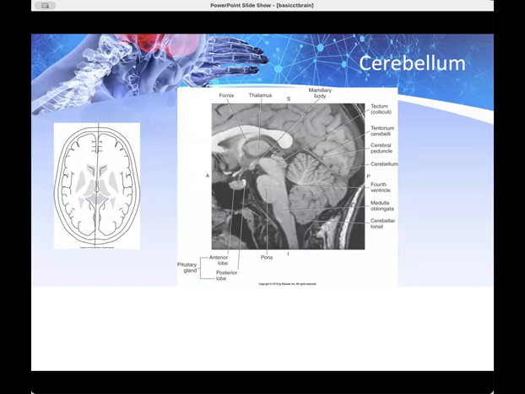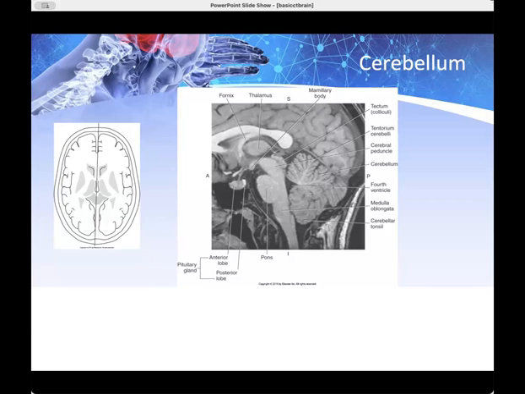Although the cerebellum does not initiate actual motor functions, it uses the brainstem to connect with the cerebrum to execute a variety of movements, including maintenance of muscle tone, posture, balance, and coordination of movement. The cerebellum consists of two cerebellar hemispheres.